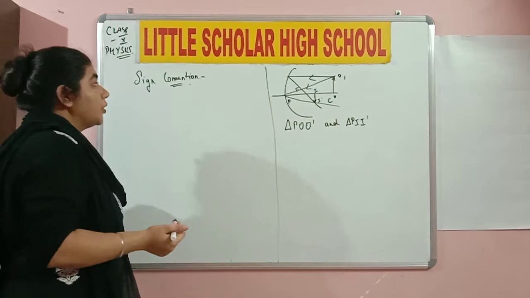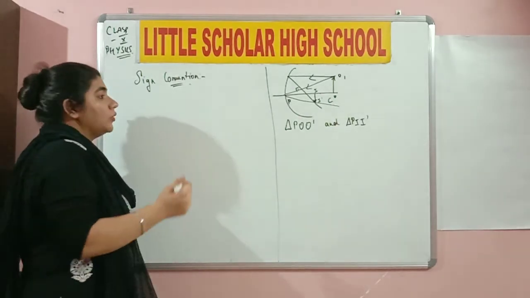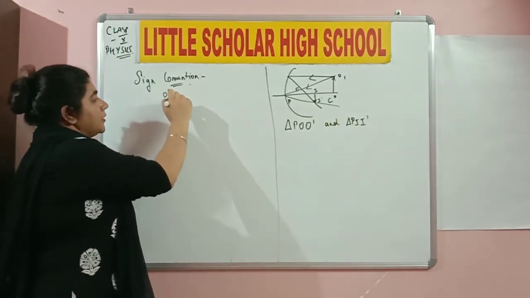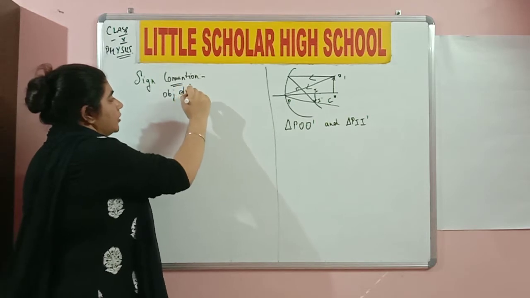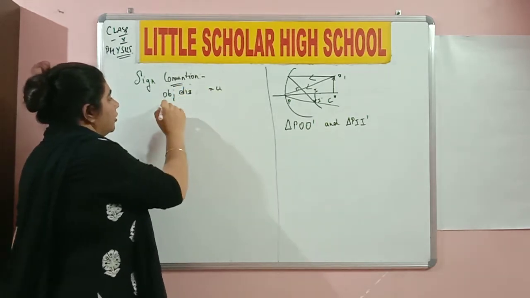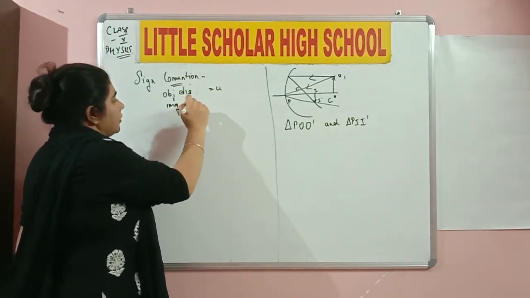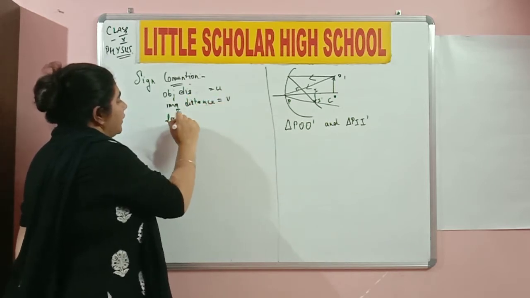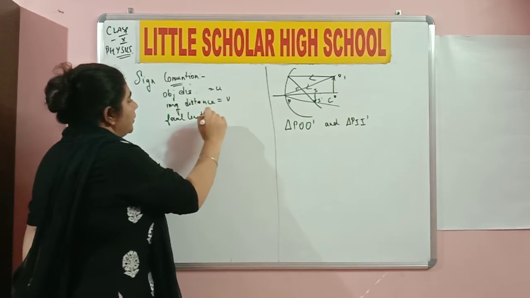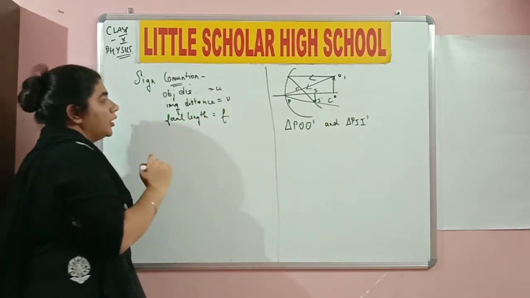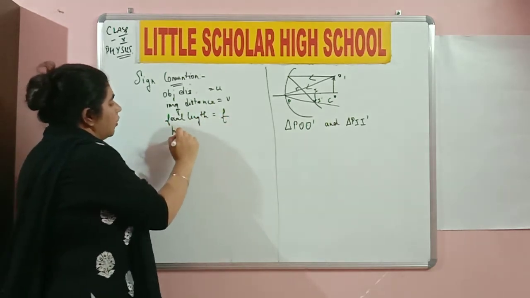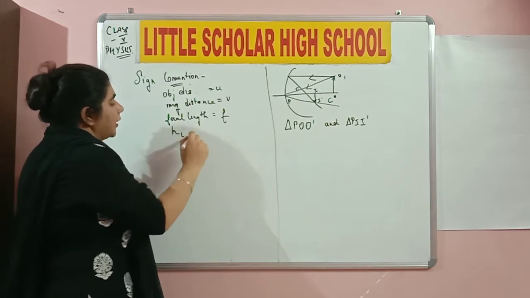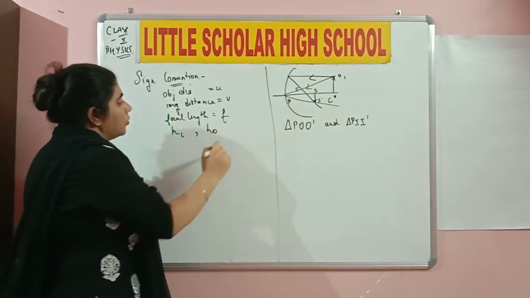So class, we are going to study about the sign convention right now. Okay, the object distance will be denoted as U. The image distance will be denoted as V. The focal length will be denoted as F. Okay, so now the height of the image is HI and height of the object is HO.